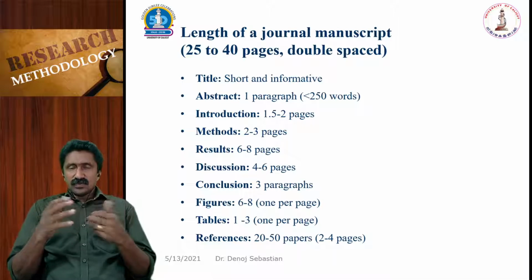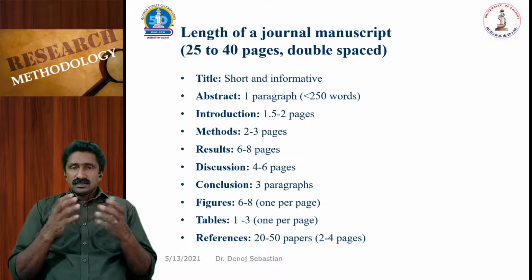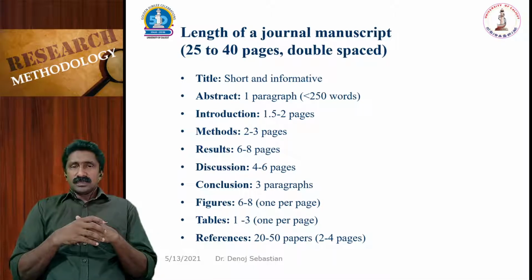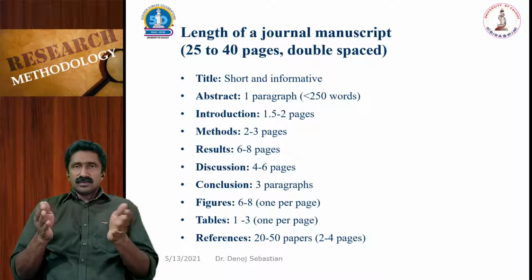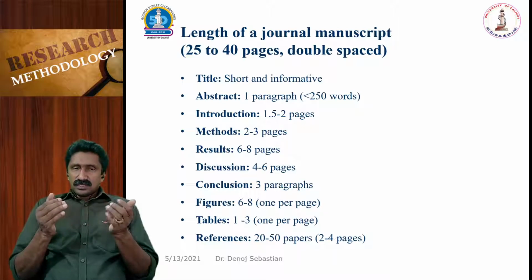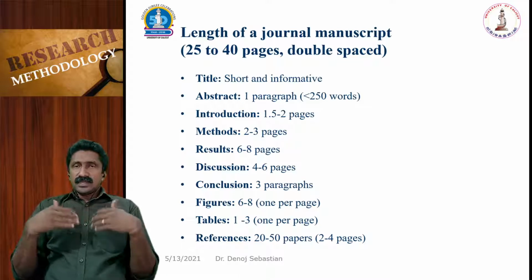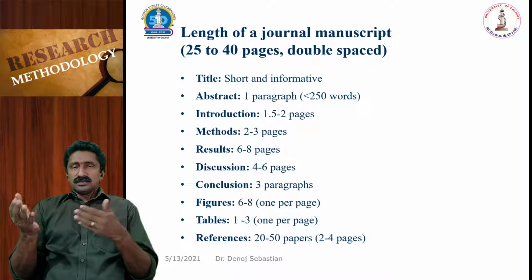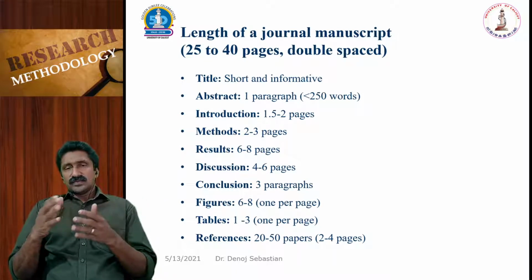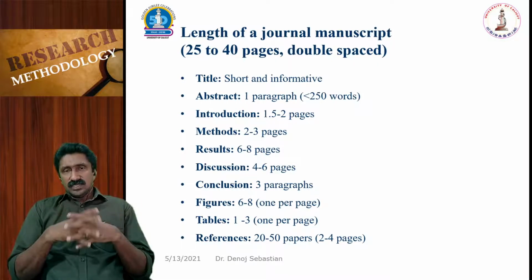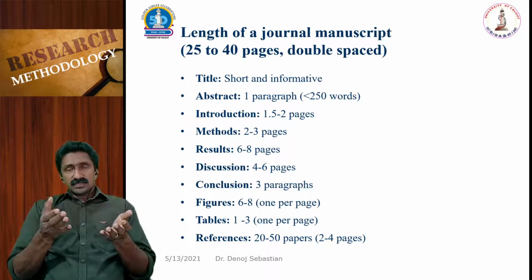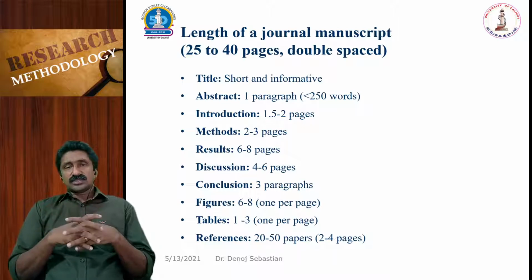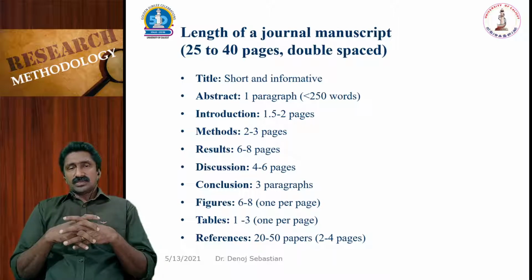Discussion again 4 to 6 pages, and the conclusion will be about 3 paragraphs, maybe 1 or 1.5 pages. And then if there are any additional figures, that will be 6 to 8 figures, which can be represented in a single page. Then tables, that is also 1 to 3 tables, which can be presented in another page.